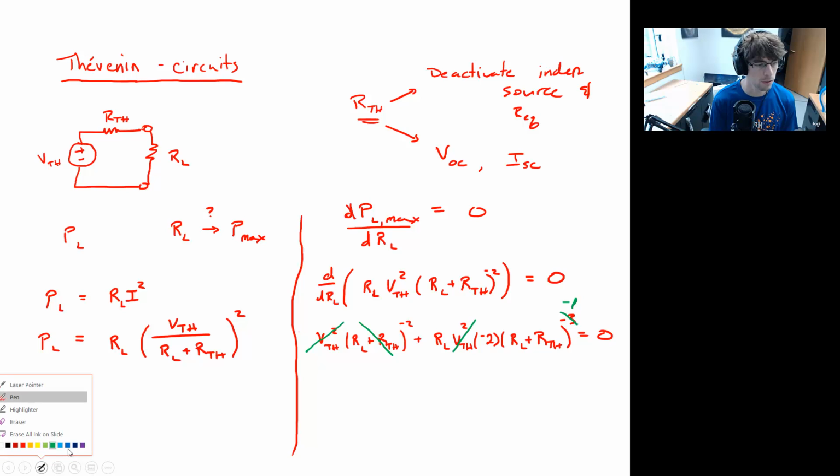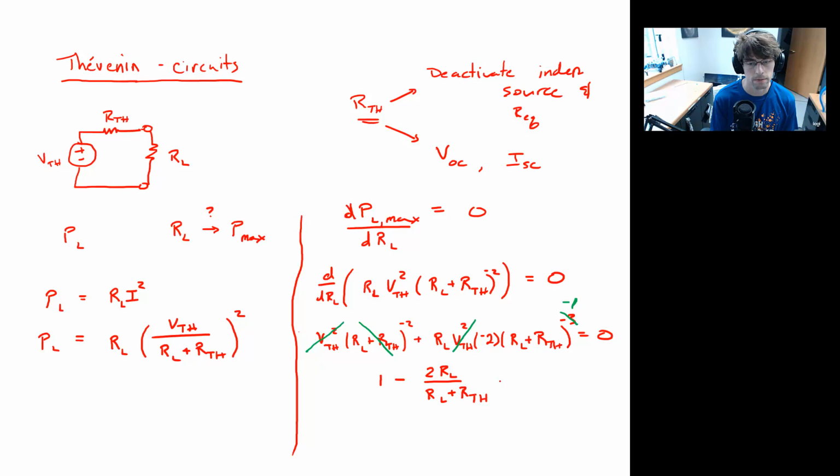And so I can rewrite this as 1 minus 2RL over RL plus RTH, and now I'll put it back in fractions just so that we can see it. Almost done.